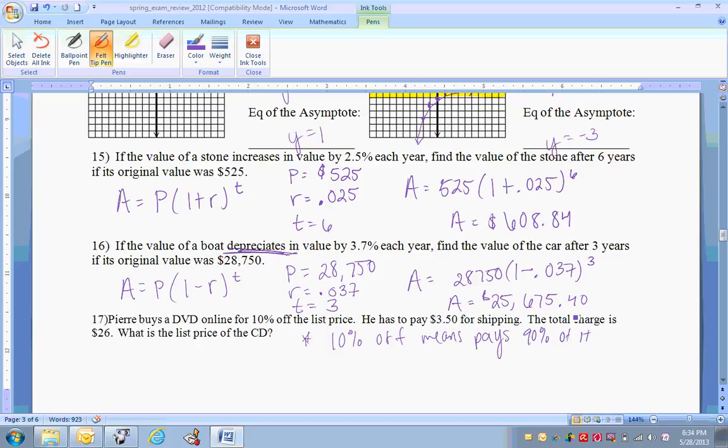So, you can start off with the cost equaling $26, and then we convert 90% to 0.9 for decimal form times the list price plus the shipping fee of $3.50.